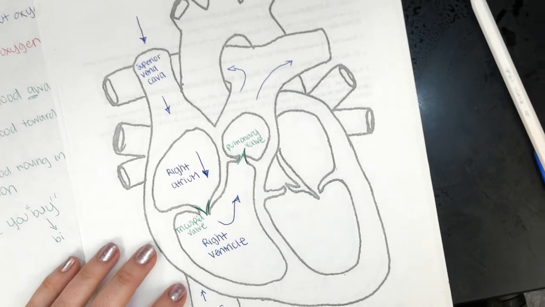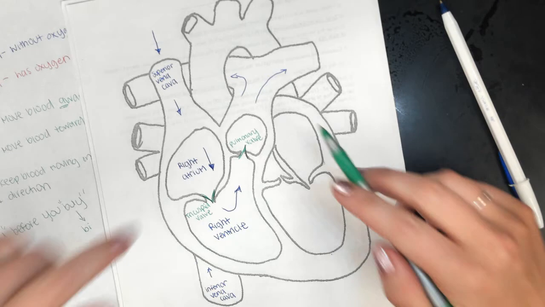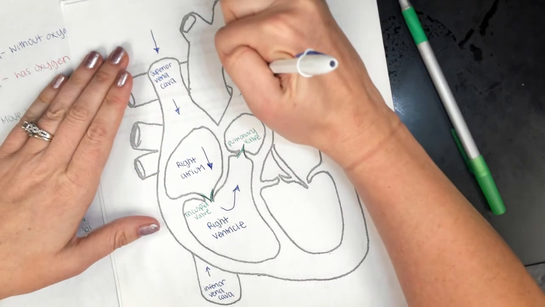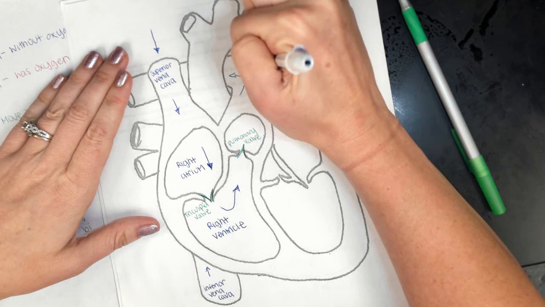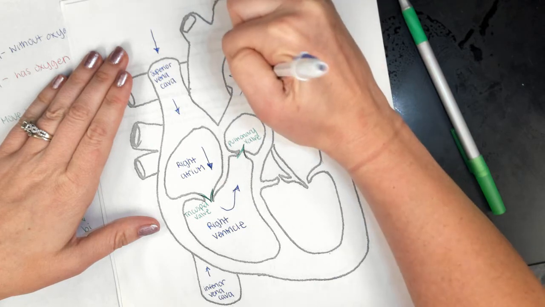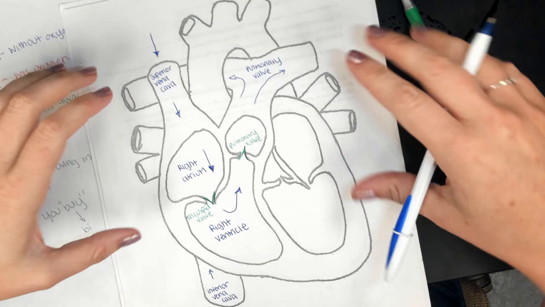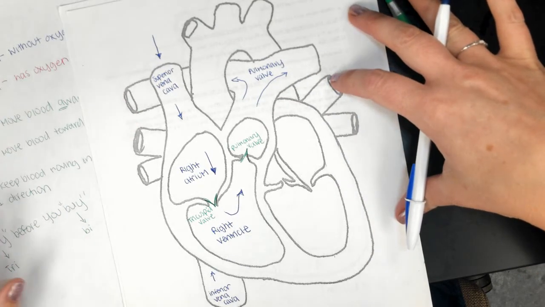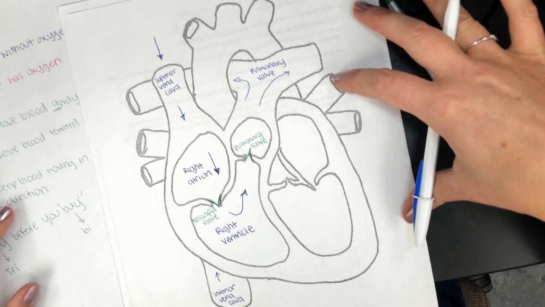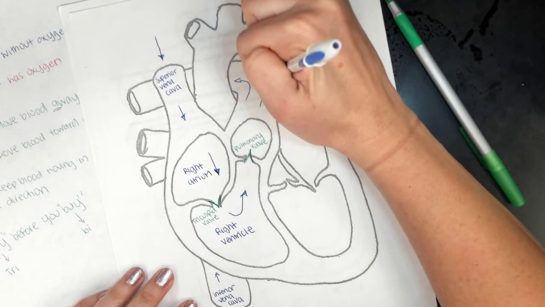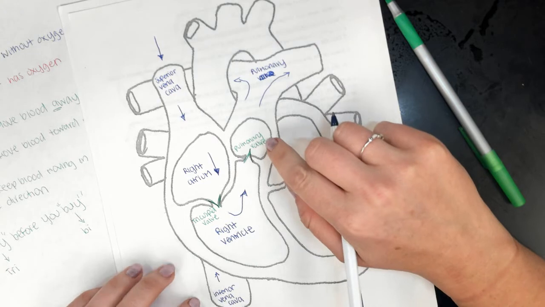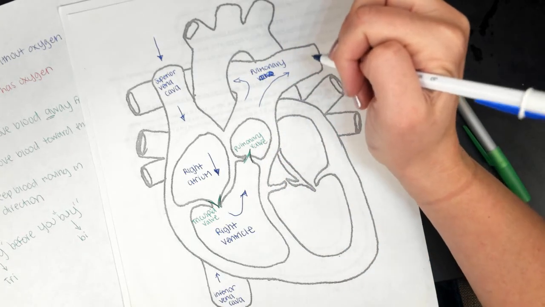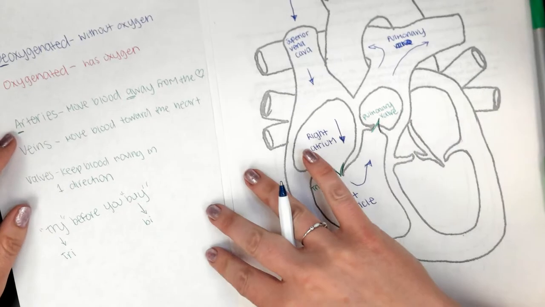Okay, so now let's say you can't remember what this part is. So it's going to be pulmonary something. Pulmonary what? So now we're going to be taking this blood and moving it to the lungs, which are on these sides right here. So would this be, oops, I did not mean to write valve there. Would this be the pulmonary artery or the pulmonary vein?